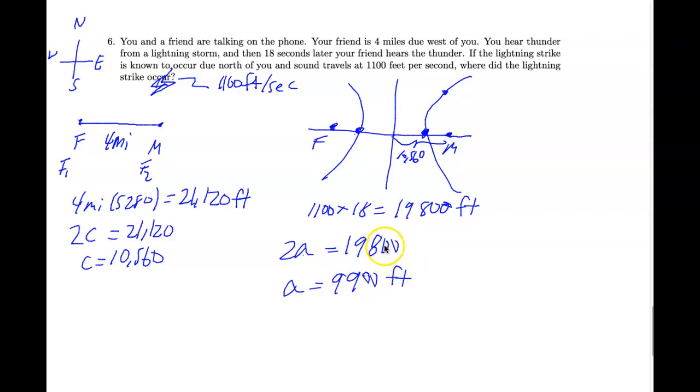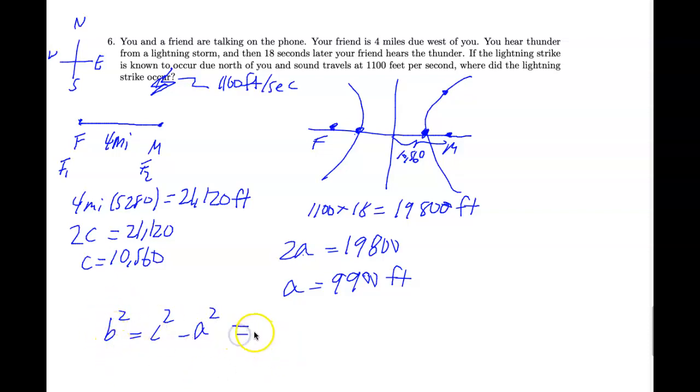From this point, we can use the fact that b squared equals c squared minus a squared to help us solve for b.